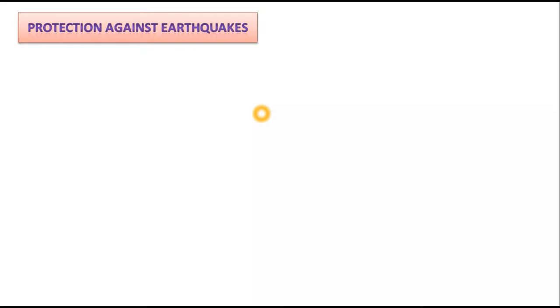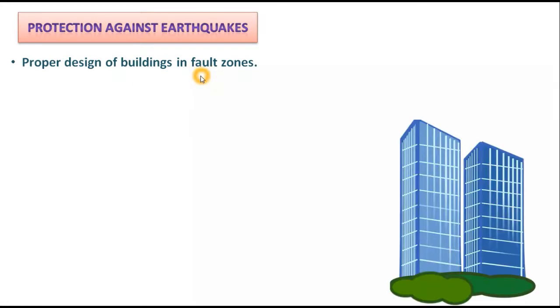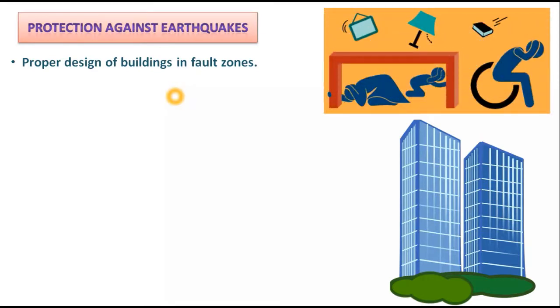So what we can do to give protection against earthquakes is to have proper design of buildings in fault zones. At least we know the fault zones. For example, in India we know that the northern part of the country like Jammu and Kashmir, and northeast Rajasthan, are more prone to earthquakes, so buildings can be designed in such a way that they do not collapse during an earthquake. So how can we ensure that, right?